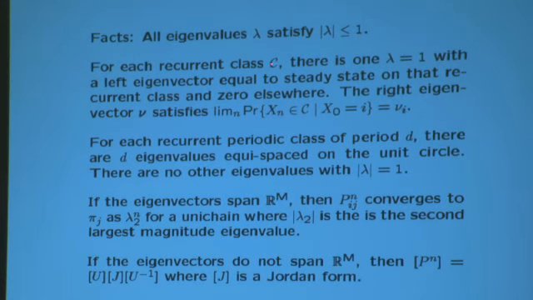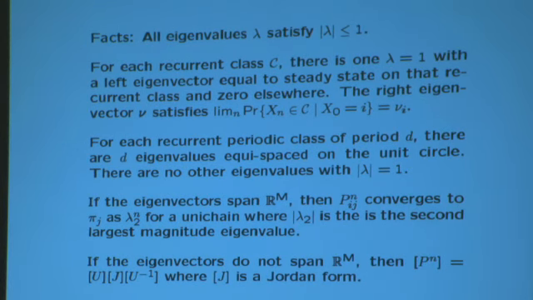For each recurrent class C, there's one lambda equals 1 with a left eigenvector equal to the steady state on that recurrent class, and 0 elsewhere. The right eigenvector nu satisfies the limit as n goes to infinity of the probability that X sub n is in this recurrent class, given that X sub 0 is equal to i, is equal to the i component of that right eigenvector.